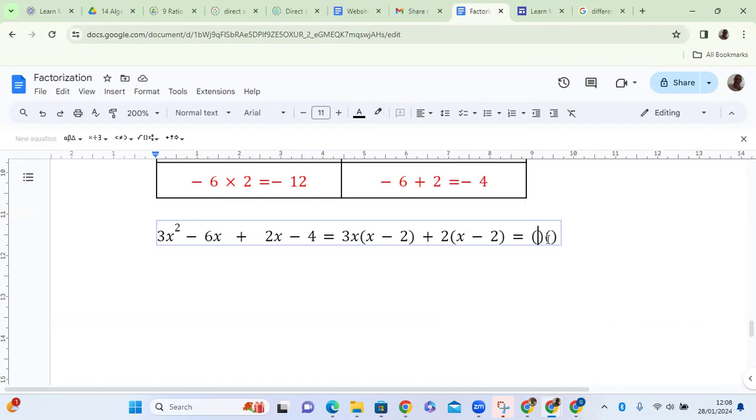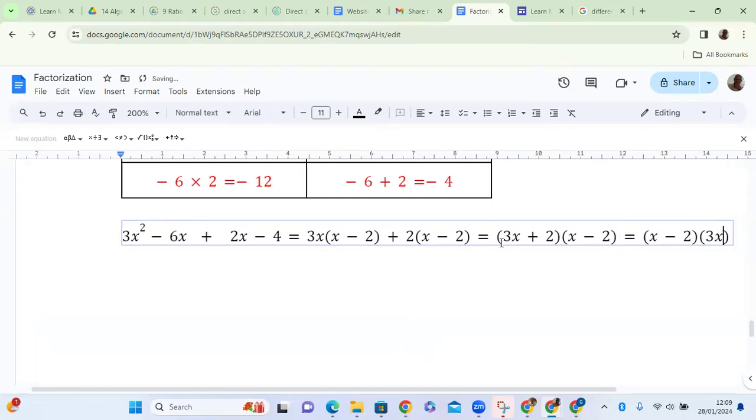In the first pair, you put the 3x that's outside there, and the plus 2. Then you attach only one of the repeated brackets, which is x minus 2, and that's your final answer. You can also put the x minus 2 first. You can carry down one of the same brackets, and what is outside, you put in a bracket.